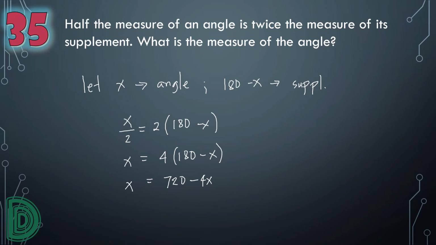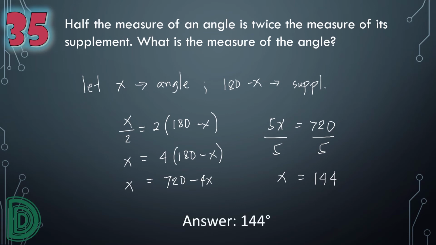We will have 5x is equal to 720. To get the value of x, we divide both sides of the equation by 5. So we have 720 divided by 5, that is 144. So the measure of the angle is 144 degrees.